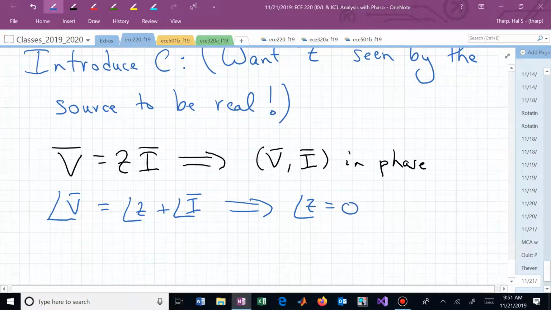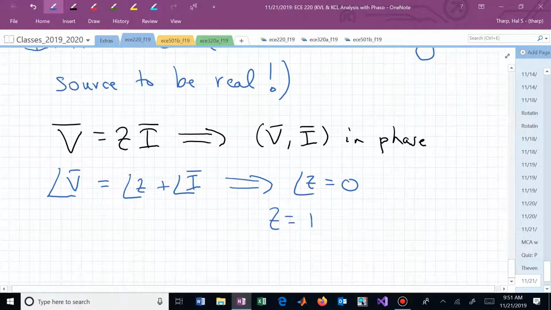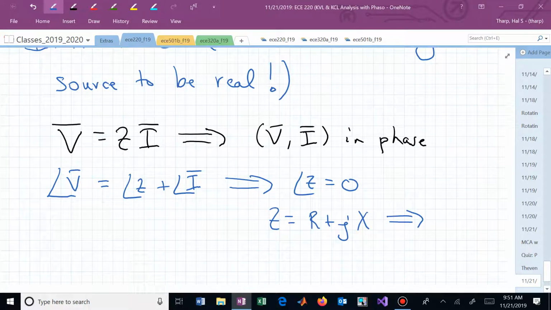And if Z is equal to R plus JX, how do we make the angle of Z be 0? We want X to be 0.